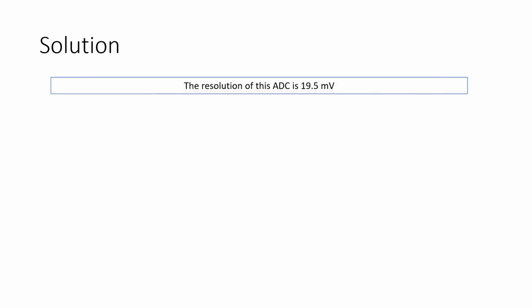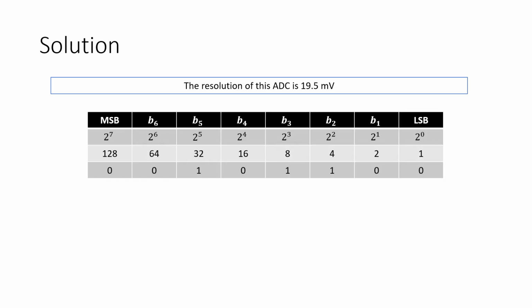To go on and calculate what the voltage is, this is what a processor would do. It would take those strings of zeros and ones. It has a resolution and knows the correlation between the resolution and the zeros and ones, and it converts it into a voltage that we can understand.